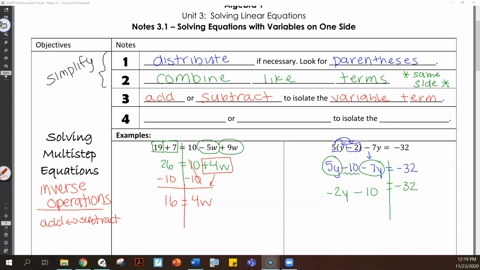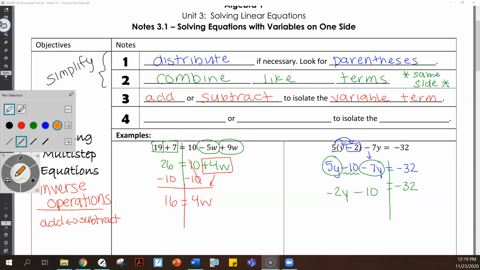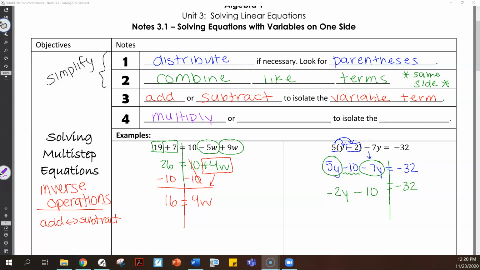The next step, and the final step, is going to be to add or subtract. Nope, not add or subtract. We already added or subtracted. My last step is going to be to multiply or divide to isolate my variable.